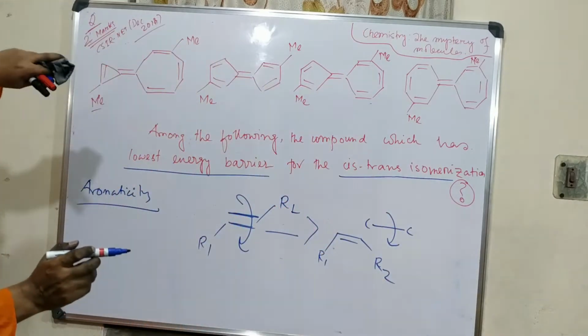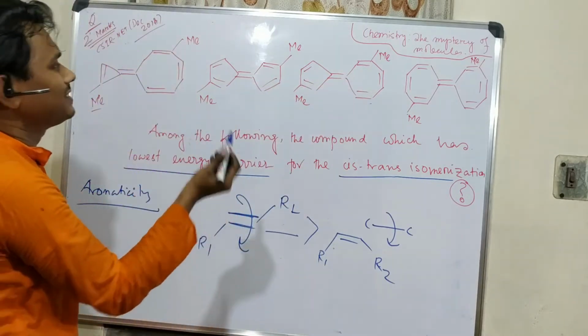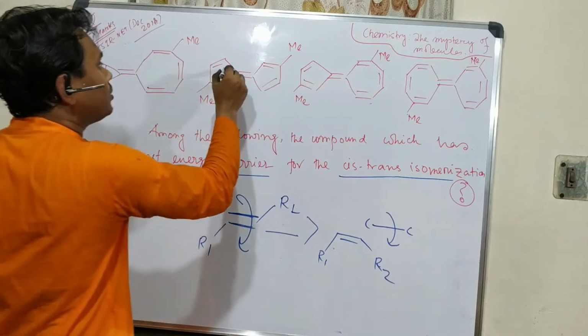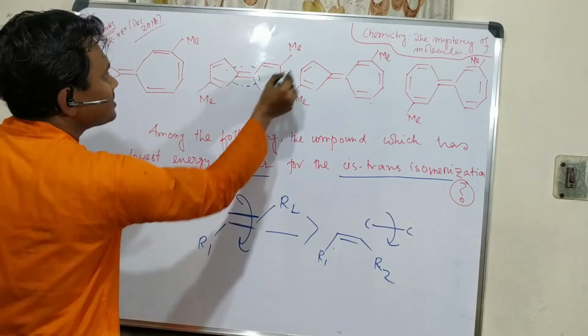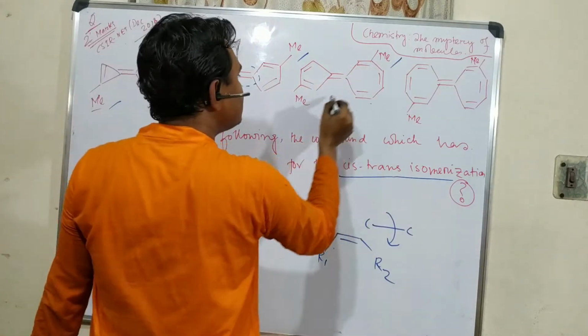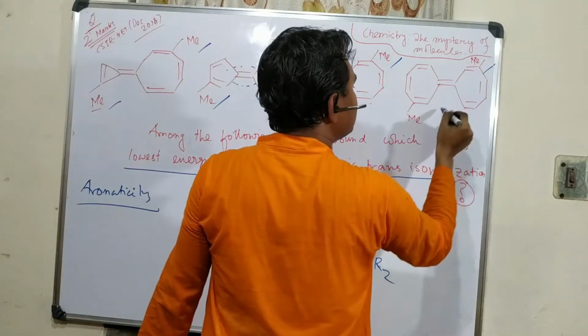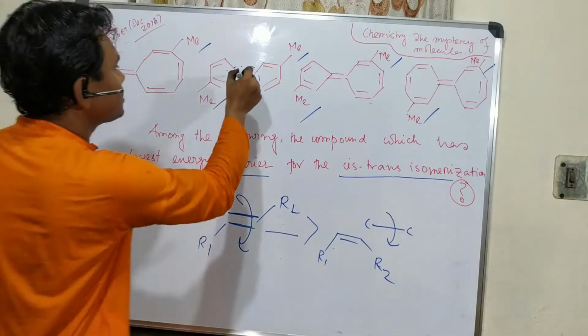So the question is, this is all sp2. Why rotation? That is what they want to know. You see, this trans, this trans, this trans, this trans. Trans with respect to what? Trans with respect to this double bond.